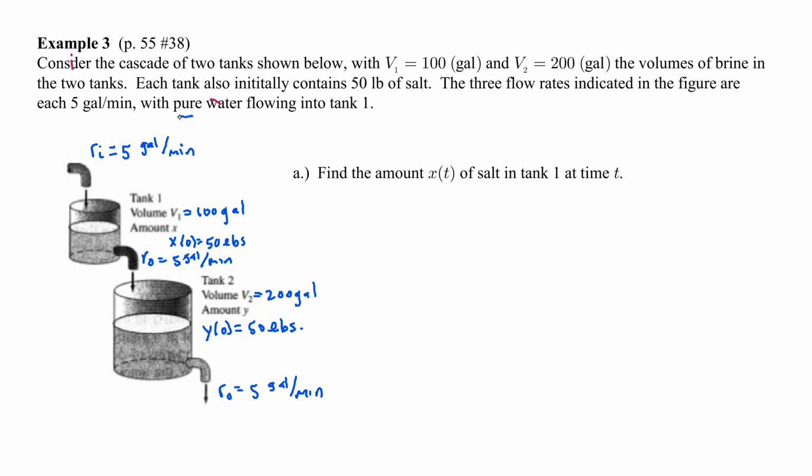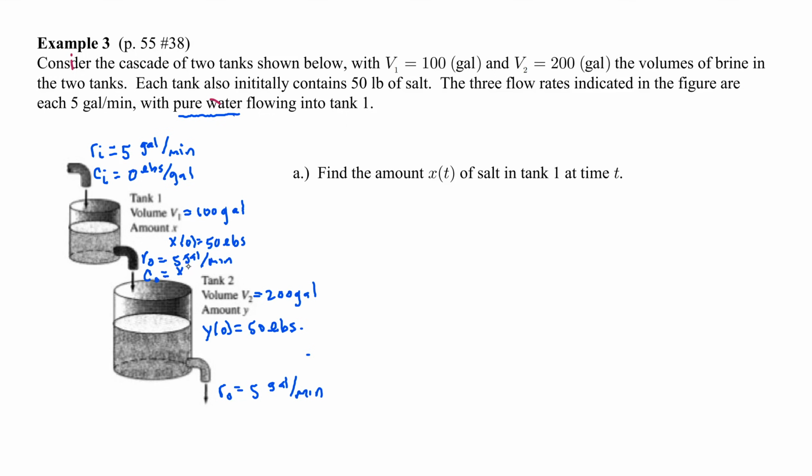Notice it says pure water is flowing into tank 1. So the concentration of salt flowing into tank 1 will be 0 pounds per gallon. Let's look at the concentration. This is going to be flowing out of tank 1 into tank 2.